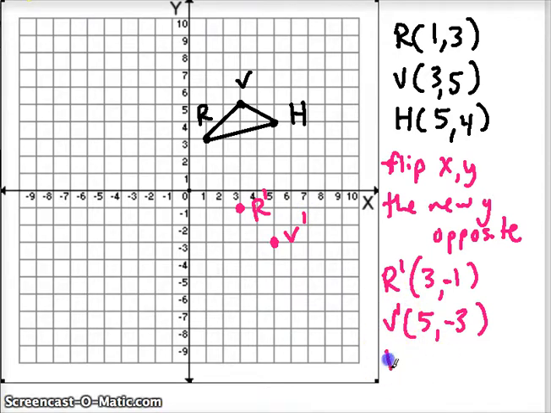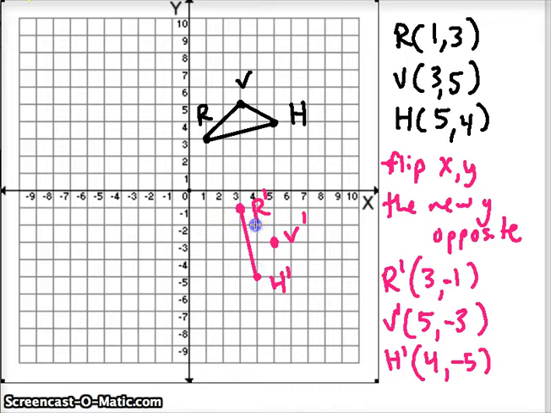And H rotated, instead of 5, 4, we flip them, so it's 4, 5. And the new y now becomes the opposite, so instead of positive 5, it's negative 5. So 4, negative 5 is right there. And that is H rotated. And we can connect them.